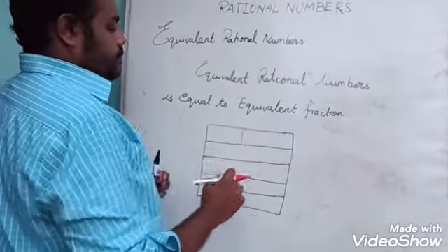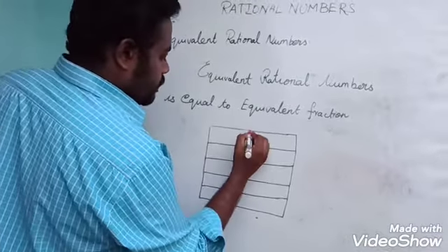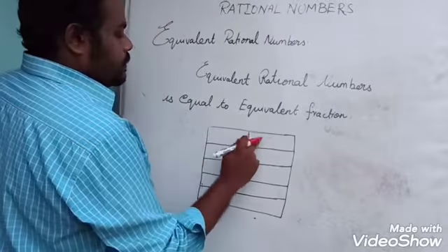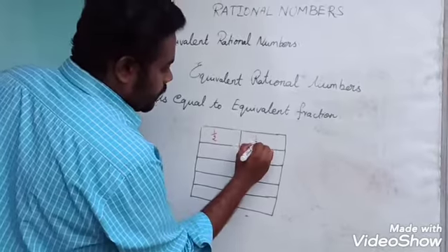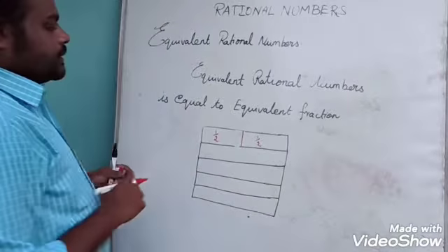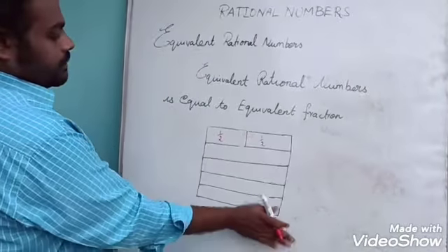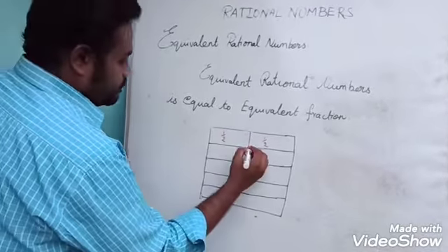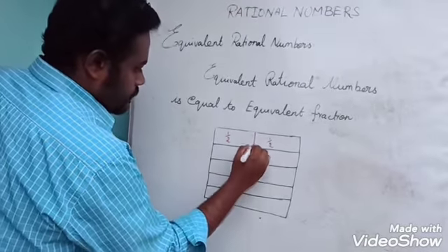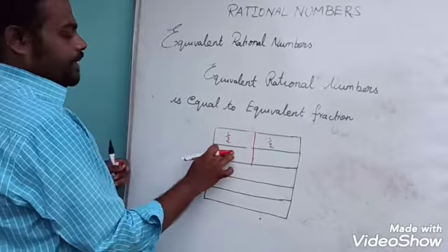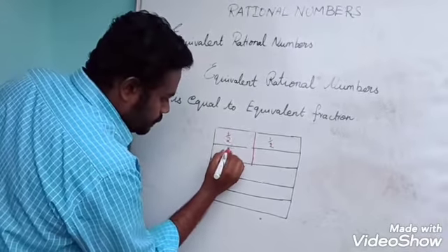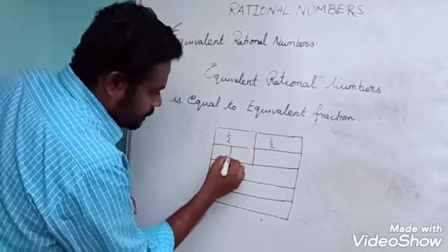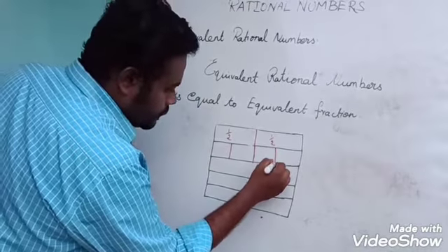So 1, 2, totally 2 equal parts. This is 1 out of 2, and this is 1 out of 2. I will split this one into 2 segments, and this one into 2 segments.